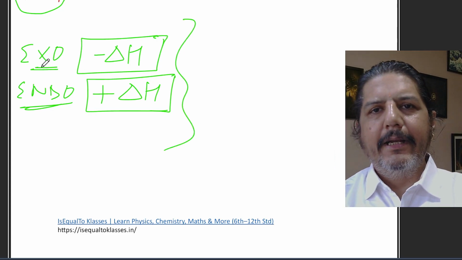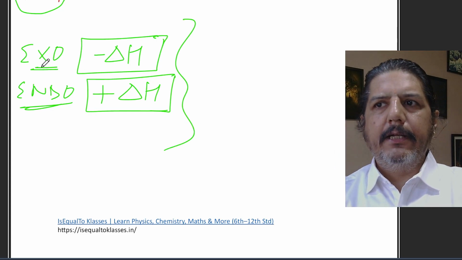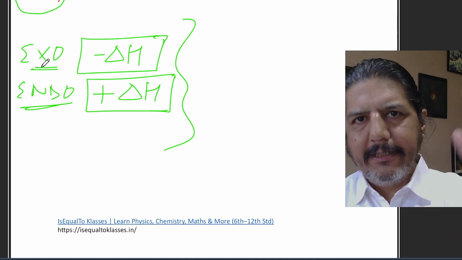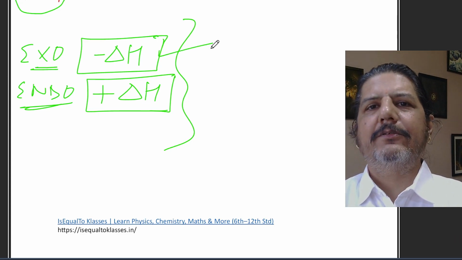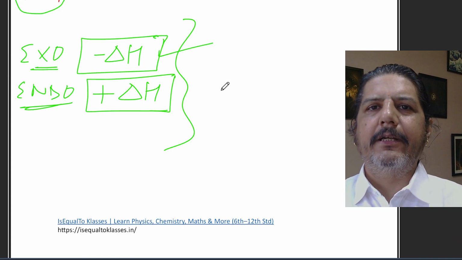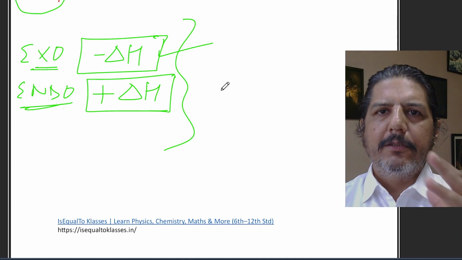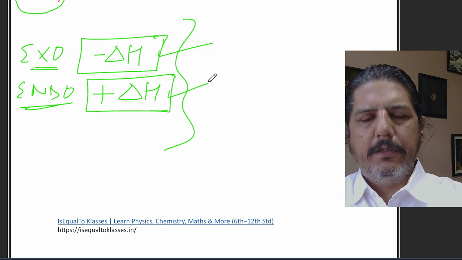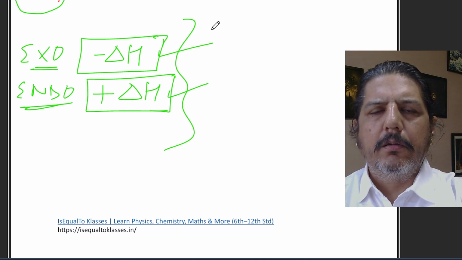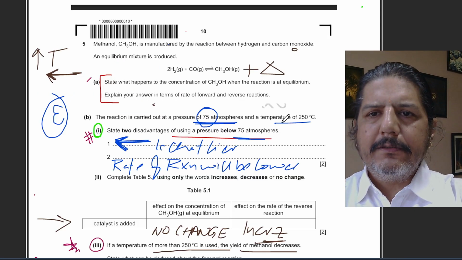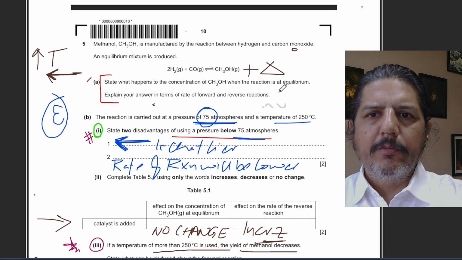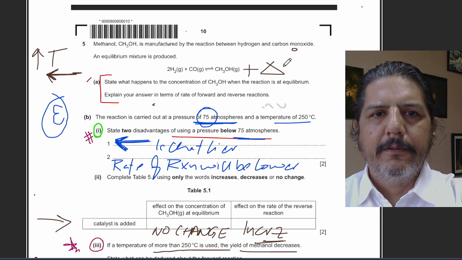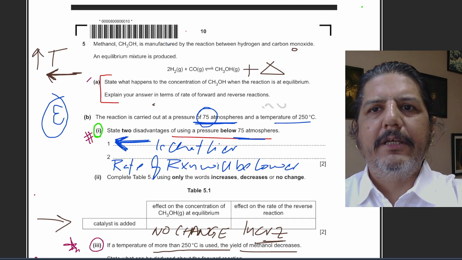In an exothermic reaction, the net energy of the system decreases. That is why it is written as minus delta H. In an endothermic reaction, the net energy of the system increases. That is why it is written as plus delta H. This I have discussed in the next few questions also. But this equation is definitely an exothermic reaction. I hope this is making sense.